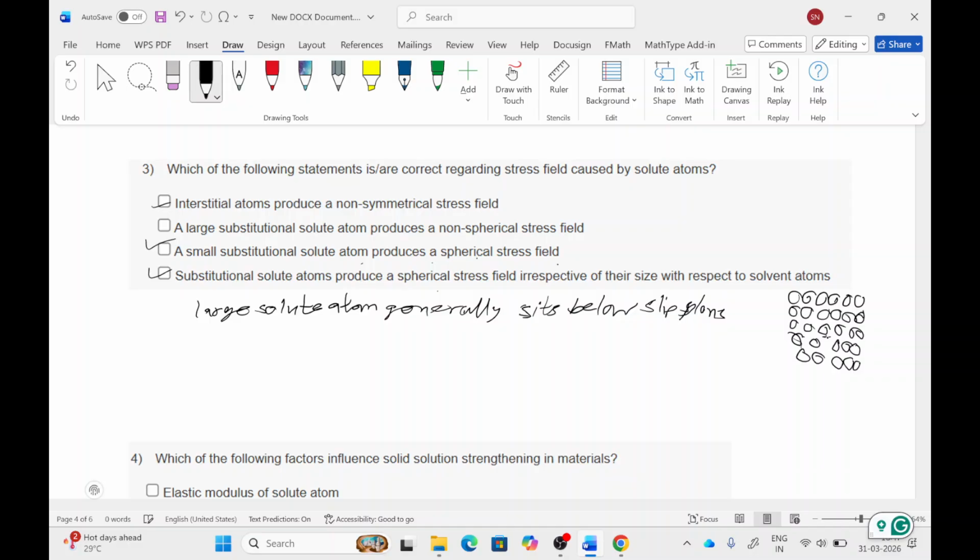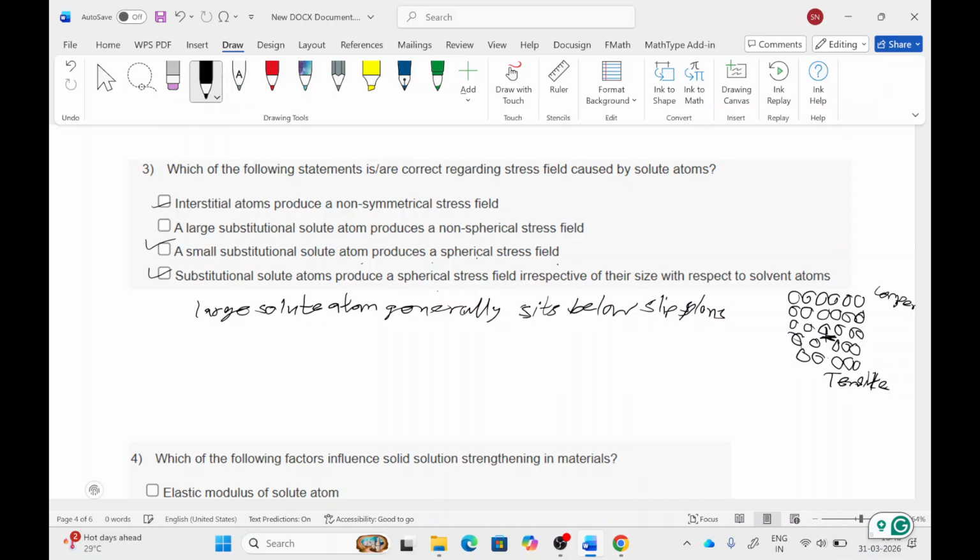This is the extra half plane, and this is the positive edge dislocation. So above this slip plane, the atoms are squeezed, and a compressive stress field is there. Below the slip plane, the atoms are spaced widely, so there is tensile stress below the plane.